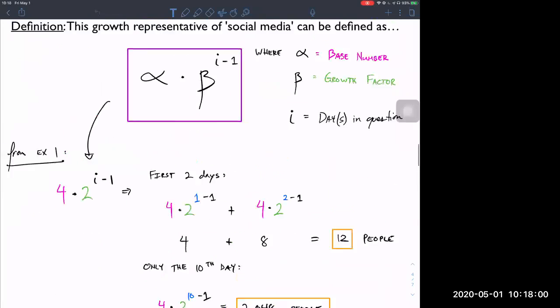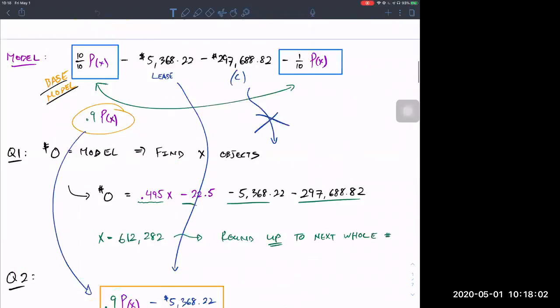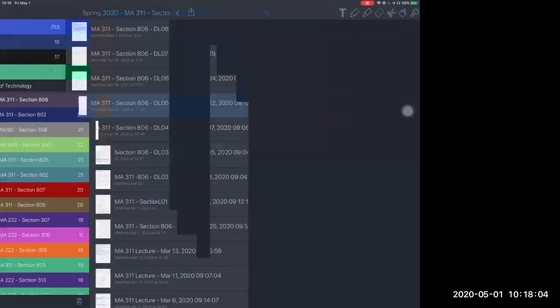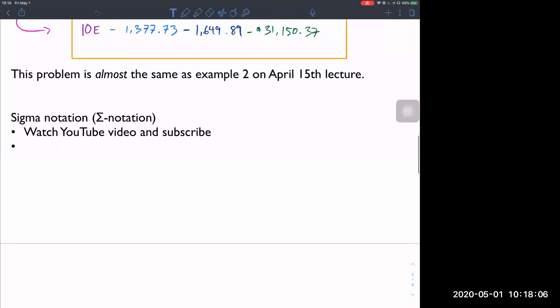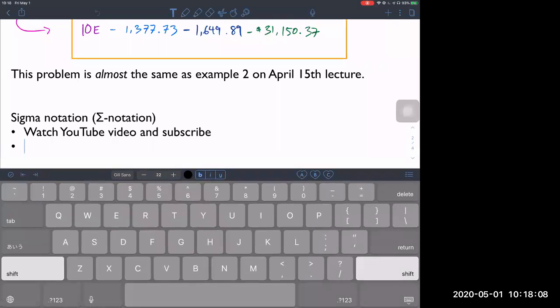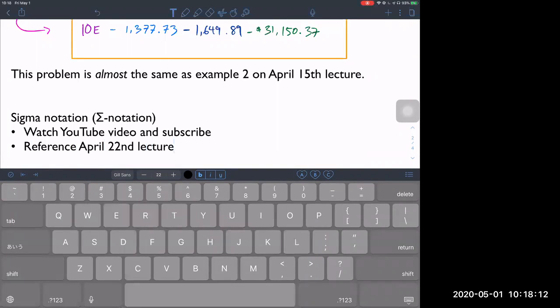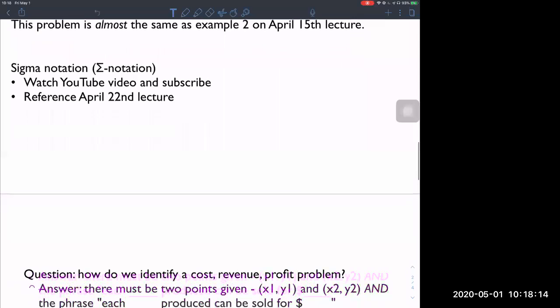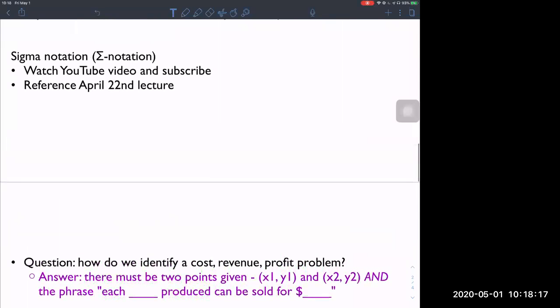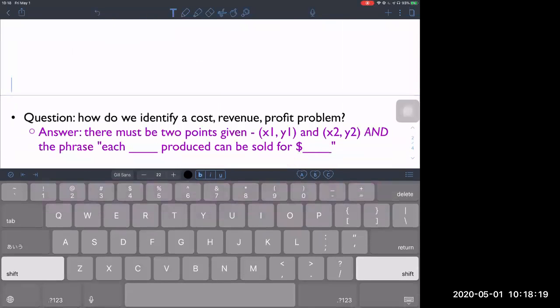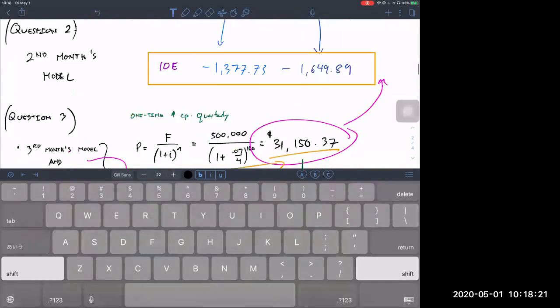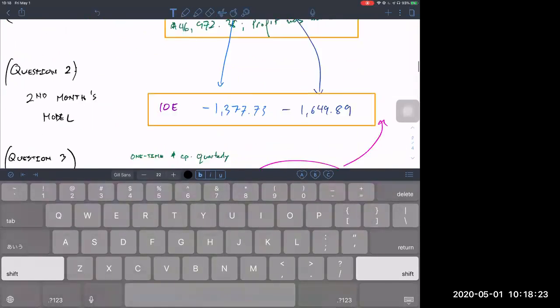So you want to refer to, what lecture is this? April 22nd. So I'm going to write April 22nd and then reference the April 22nd lecture. Okay, but I'll still reference it here. So let me move this question back up. Okay, so this is all having to do with number 1.